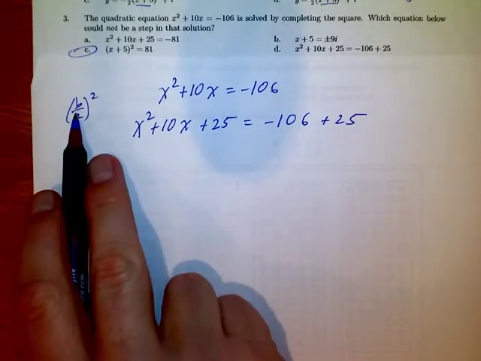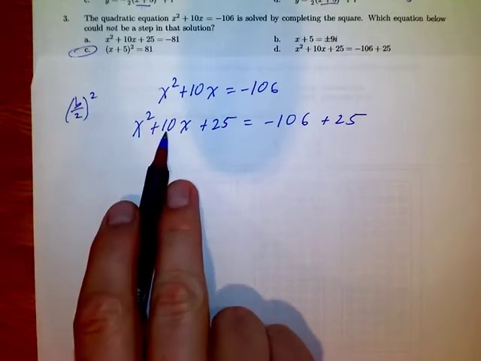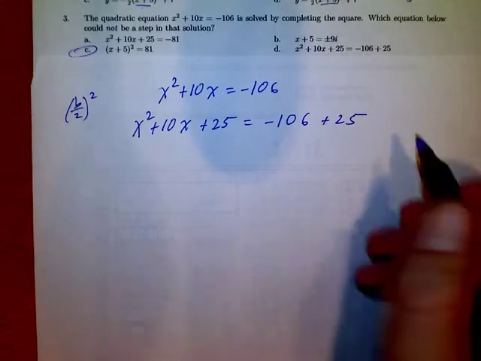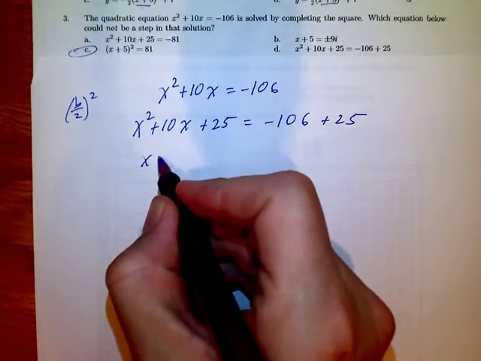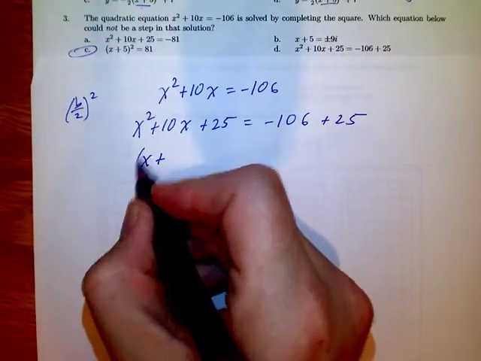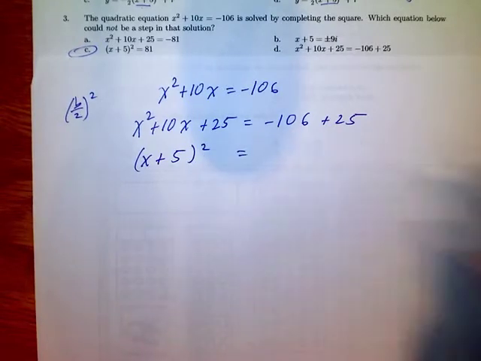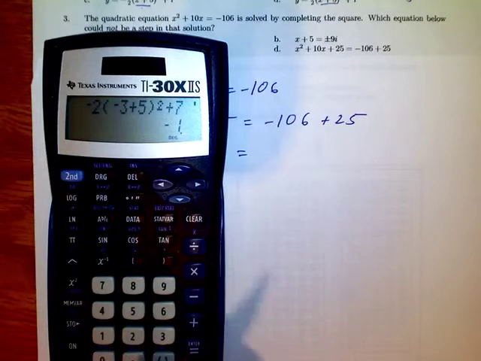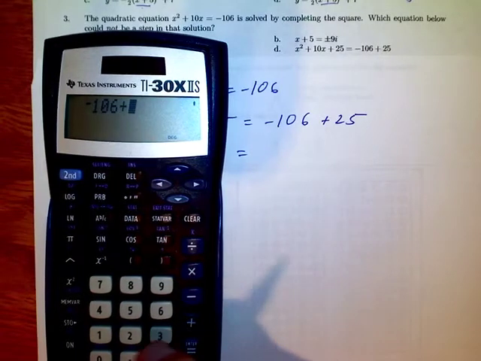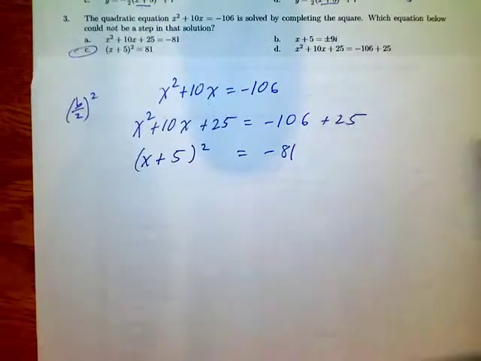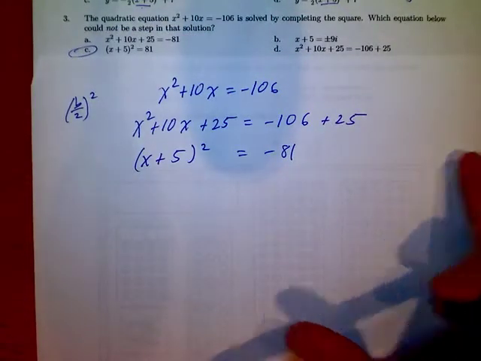It doesn't really matter if we've got a positive or a negative value of b, because once you square it, you're adding. The reason we do that is because now this trinomial on the left becomes factorable, and we have -106 plus 25 equals -81.